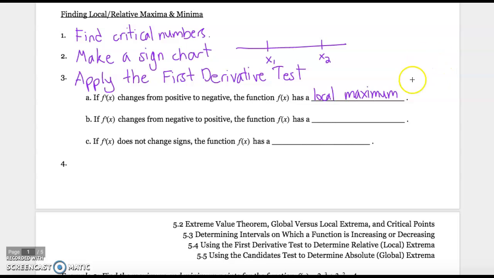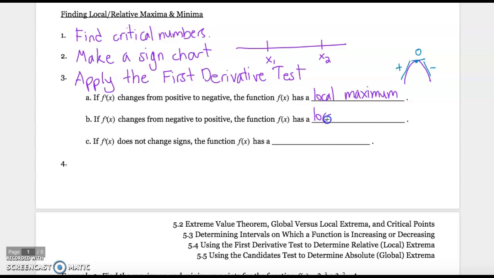And that makes sense because if I had a graph with a maximum point, the critical point is where your derivative, aka the slope of your tangent line, equals 0. Before that maximum, you would have a positive slope, and after that maximum, you would have a negative slope. So on a sign chart, you'd have positive before your critical number and negative afterwards. That would result in a local maximum.